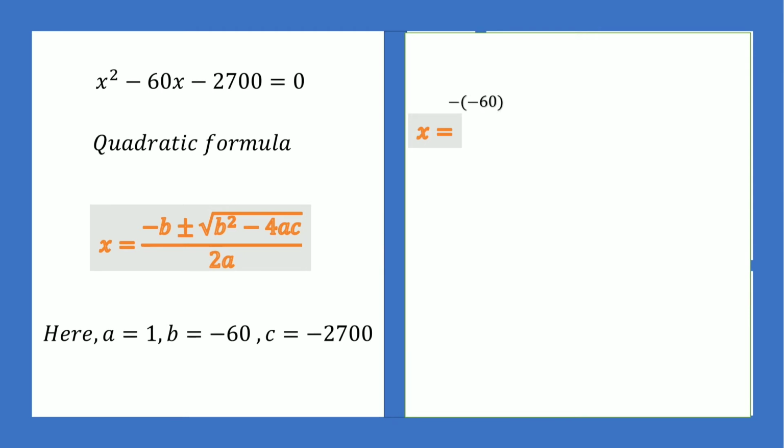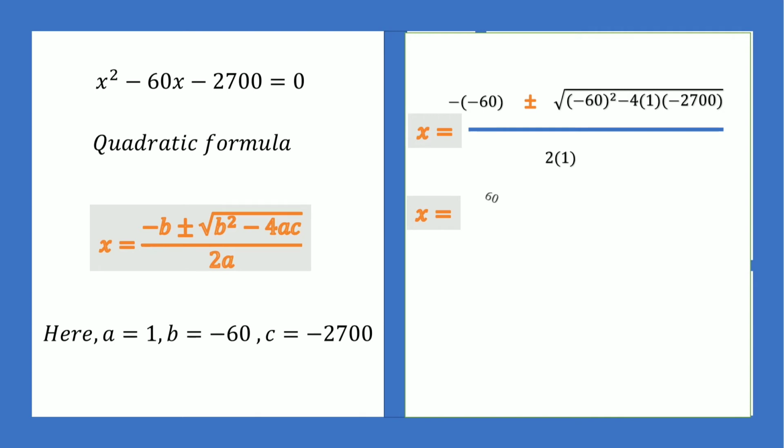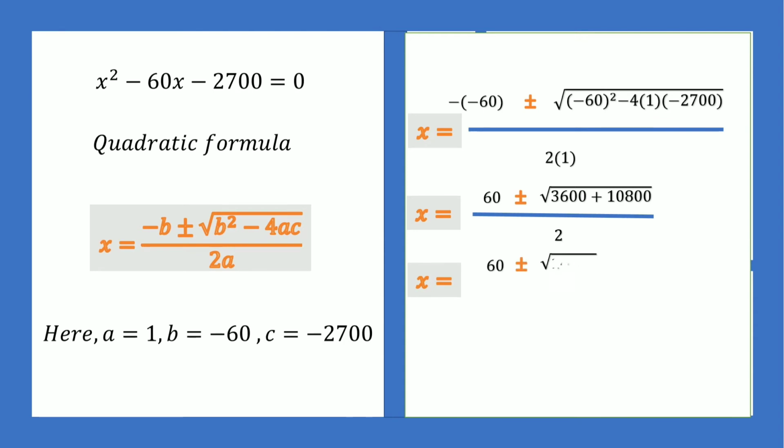Applying the respective values, x = (60 ± √((−60)² − 4 × 1 × (−2700))) / (2 × 1). Minus minus becomes positive, so 60 ± √(3600 + 10800) upon 2.